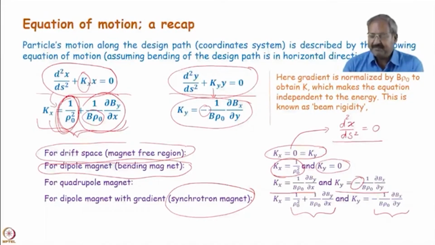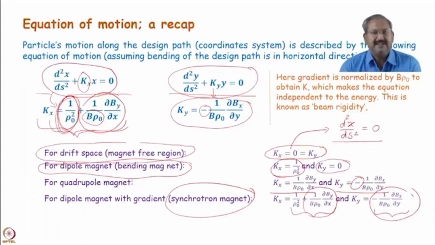So if the gradient part is producing some positive effect in the horizontal plane, it will produce some negative effect in the vertical plane. Means if the gradient is introduced in such a way that it produces a focusing effect in the horizontal plane, then it will produce a defocusing effect in the vertical plane, and vice versa.